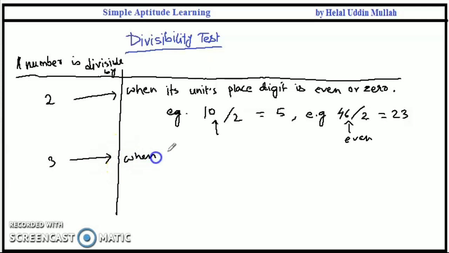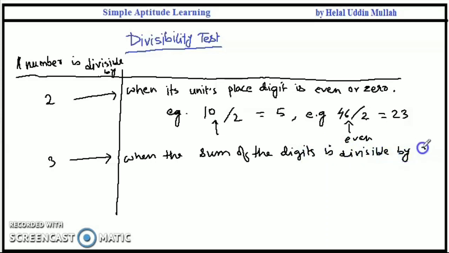When the sum of the digits is divisible by 3. For example, we know that 27 divided by 3 is 9, so 27 is divisible by 3.